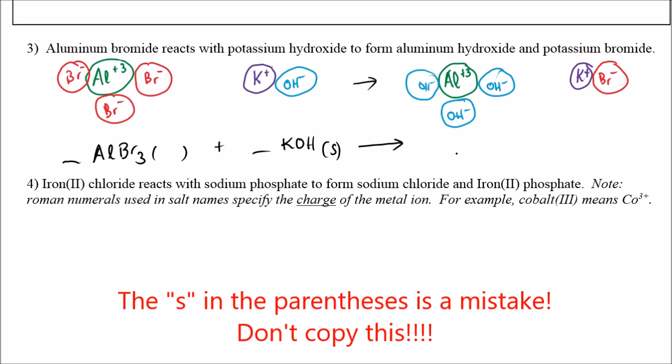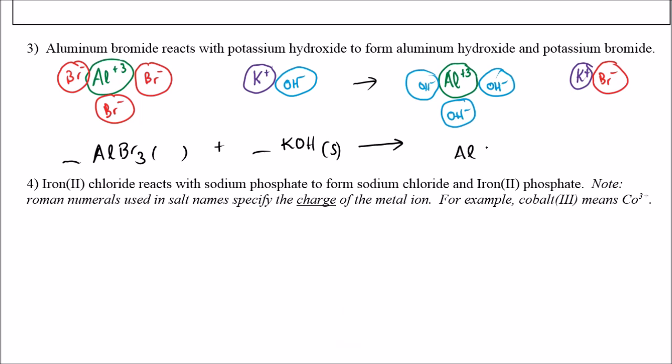I see aluminum with 3 hydroxides, which is written here with parentheses. Line in front, parentheses behind. And lastly, I see KBr, line in front, parentheses behind. Now I'm ready to balance the equation.